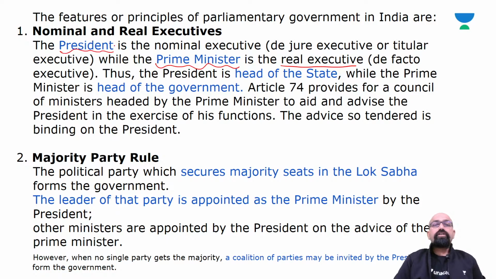So the president is head of the state while the prime minister is head of the government.